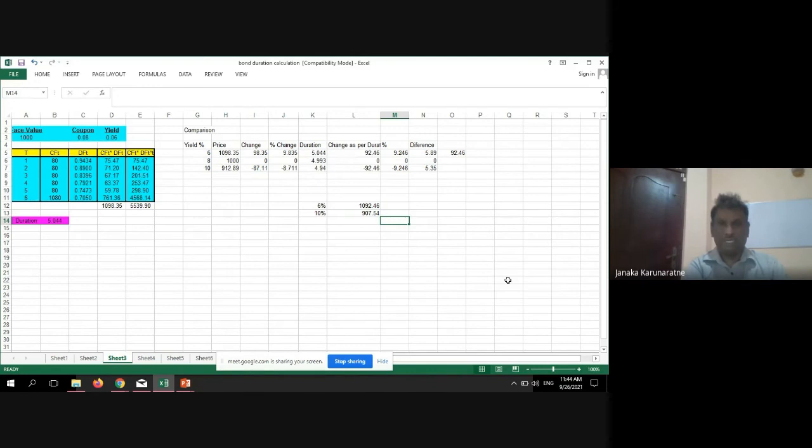So I think one lady got this one, others got the answer, right? But if you look at the price used in the bond formula, it is different. You see? That is 1098.35.